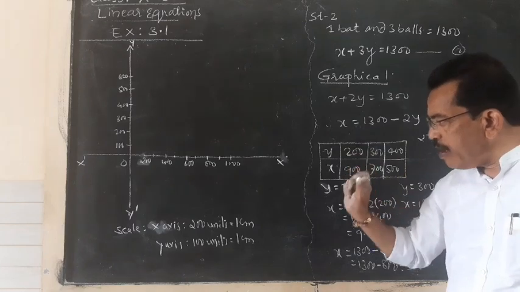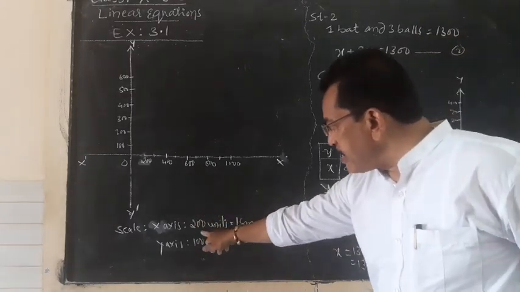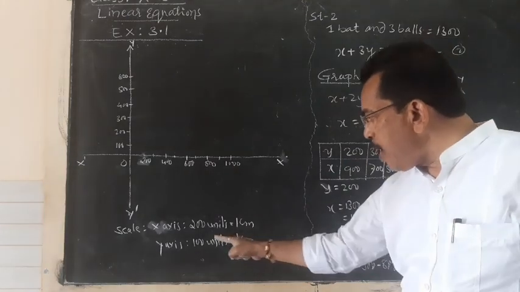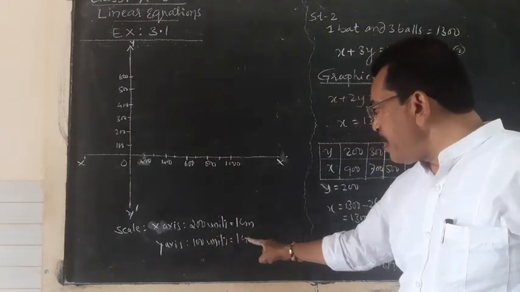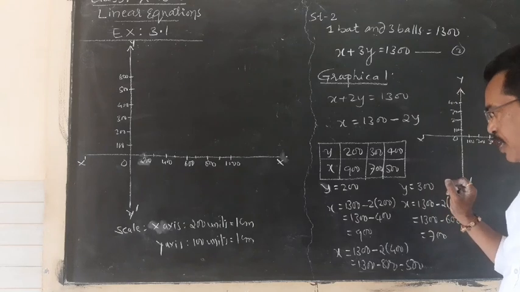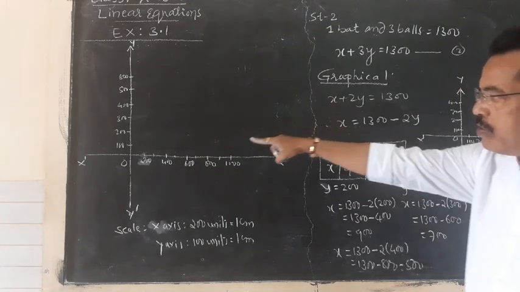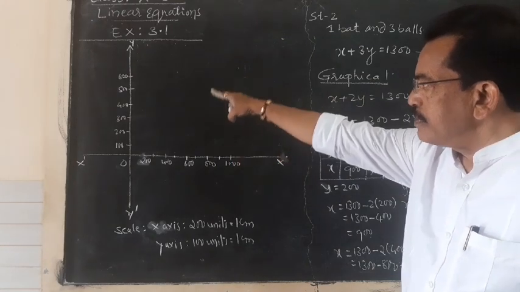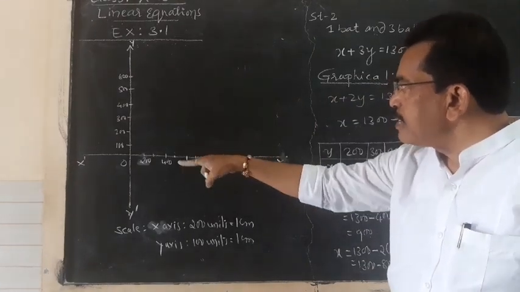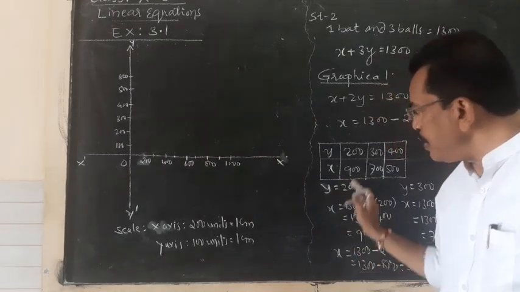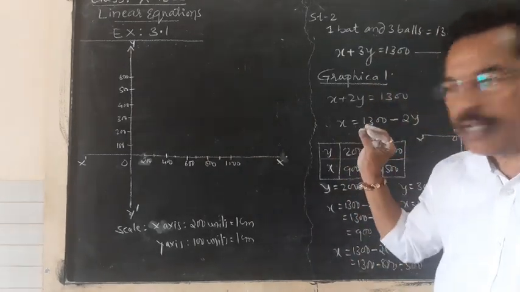In the graph, on the x-axis I considered 200 units equals 1 centimeter, and on the y-axis 100 units equals 1 centimeter. So I have drawn the graph like this. Now I am going to represent the values in the graph.